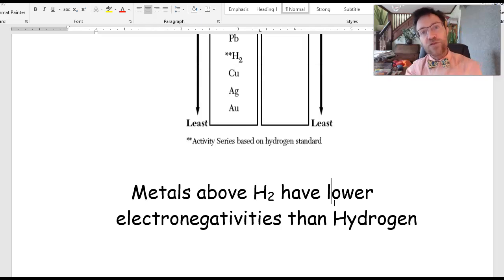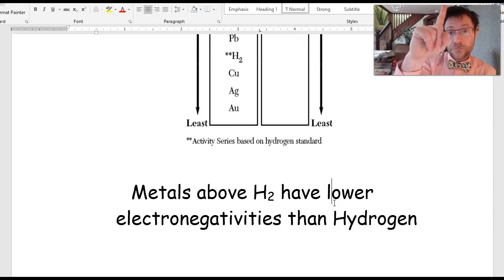But yeah, that's why it happens, okay? You need to know what happens, and you need to know why. So metals above hydrogen on Table J will react with acids to form hydrogen gas because those hydrogen ions have a very high electronegativity and metals tend to have a very low electronegativity. So the hydrogens just rip off the electrons.